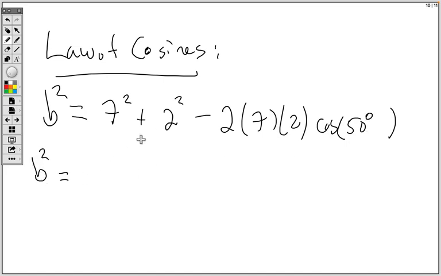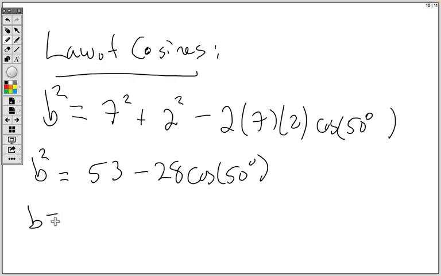So B squared equals 49 plus 4, that's 53, minus 14 times 2, 28, cosine 50 degrees. B represents the length of the side of a triangle, so I can just concern myself with the positive square root.